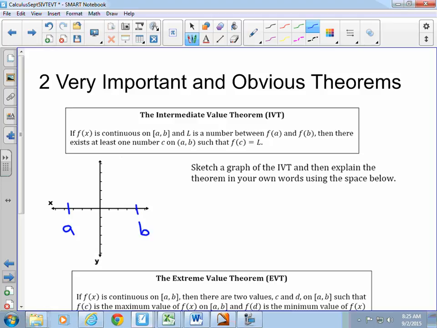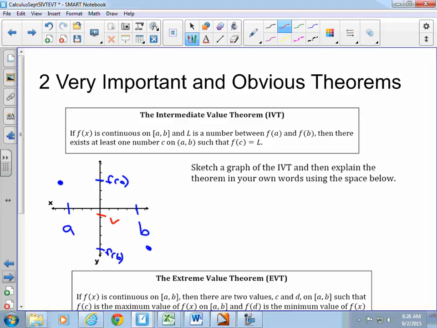And I have f of a and f of b, right? Will you agree those would be f of a and f of b, the y values? It says L is a number between f of a and f of b. Somewhere in here, there's a number L. Then there is at least one number c on [a, b], so a number c in between a and b, such that f of c equals L.